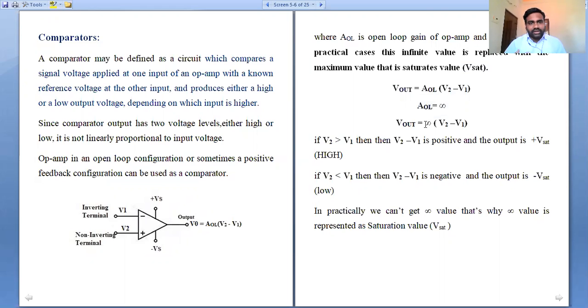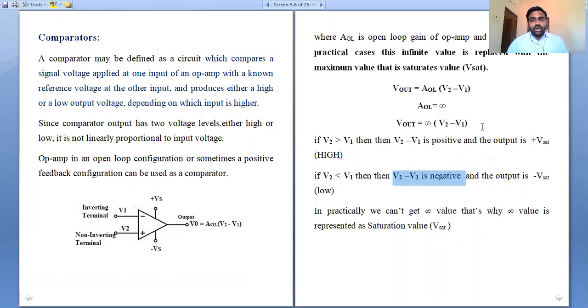If we explain it in a practical manner, we can explain it in two conditions. The first condition is when V2 is greater than V1. At that condition, the difference between the two inputs, V2 minus V1, will be positive, and the output will be very high, which is represented as plus Vsat. The second condition is if the V2 value is less than the V1 value, then V2 minus V1 will be negative.